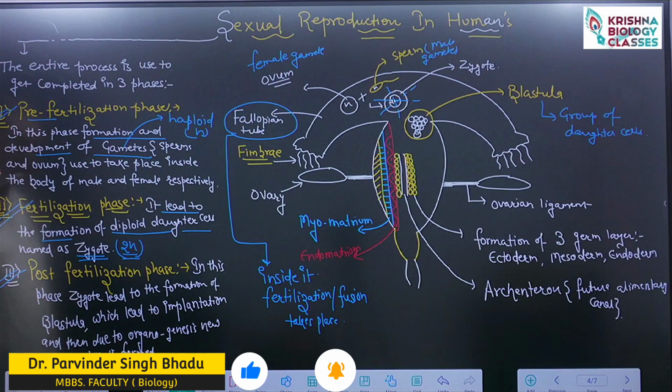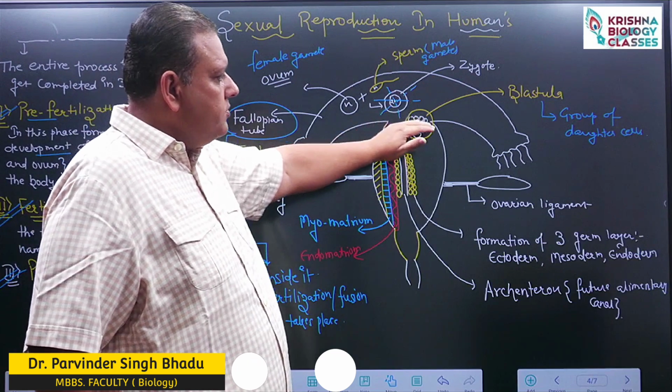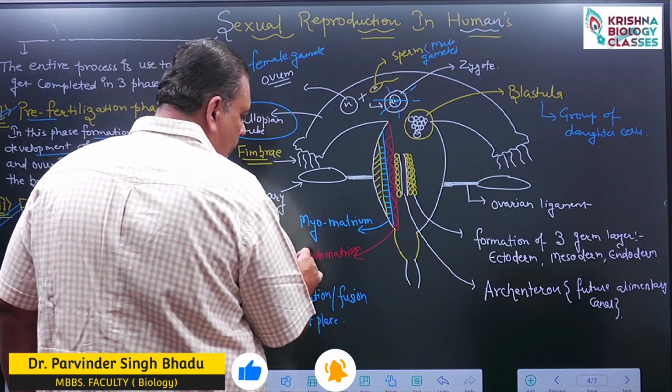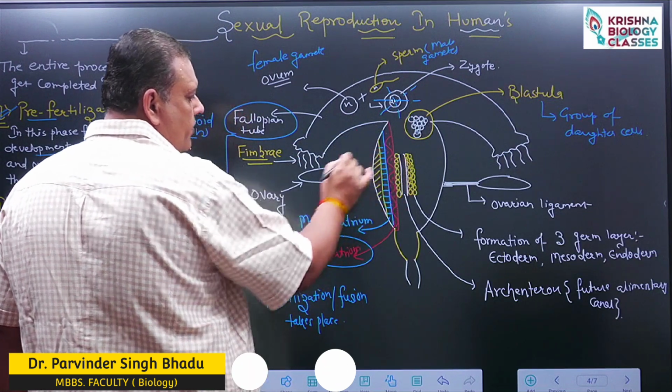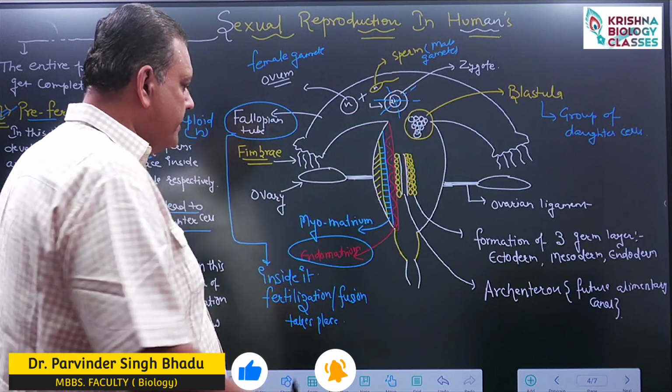Now, in the post-fertilization phase, these cells of the blastula will start to move towards the endometrium wall of the uterine cavity to receive nourishment from the blood vessels.